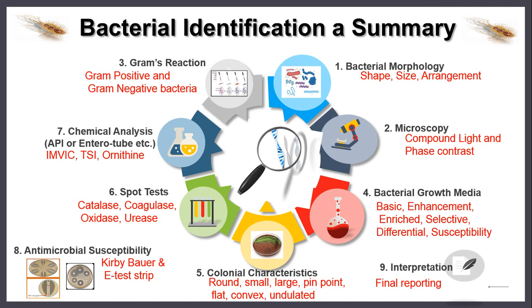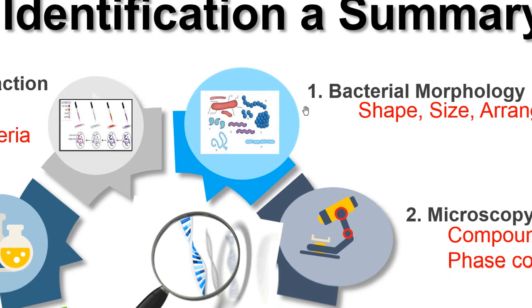Besides shape, size, and arrangement, sometimes these bacteria are rod in shape, some are round or cocci in shape, some are spiral in shape, some are comma-like in shape. Besides these different shapes, they are also arranged in different manners. Some are just scattered in the particular field, while some are arranged as pairs.